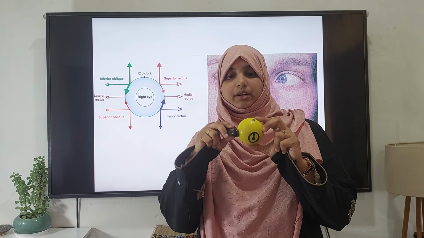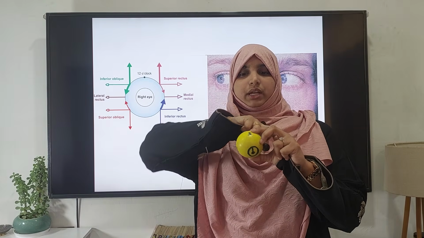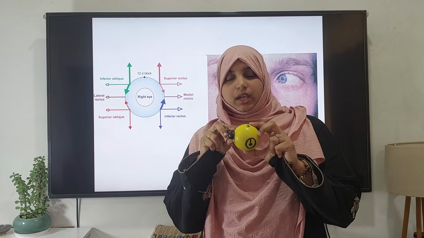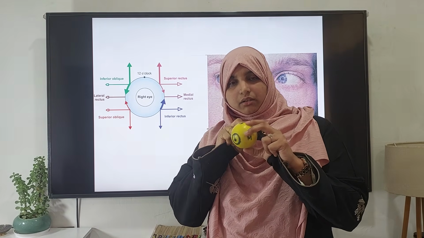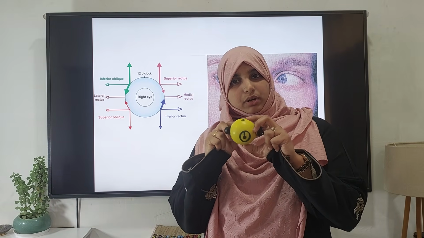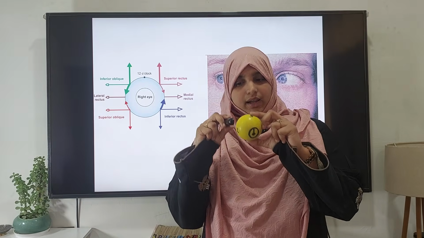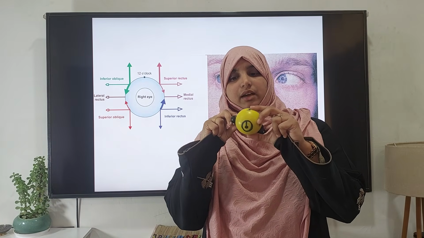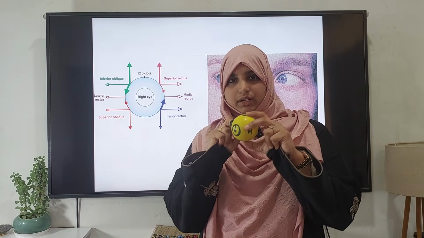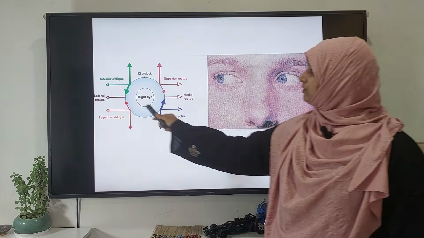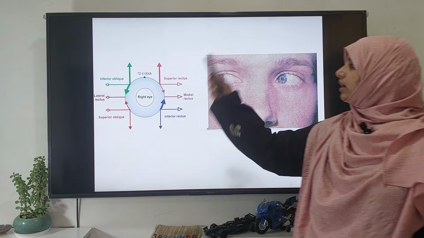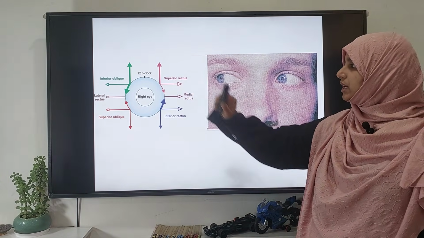Here we have the lateral rectus, superior rectus, medial and inferior rectus. So if the lateral rectus is contracting, will it pull the eyeball outwards? There will be lateral rotation. So for the right eye, the lateral rectus has contracted, causing this movement. So outwards, that lateral rotation is caused by the lateral rectus.